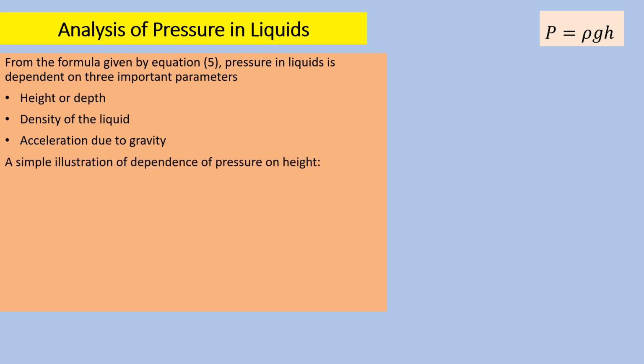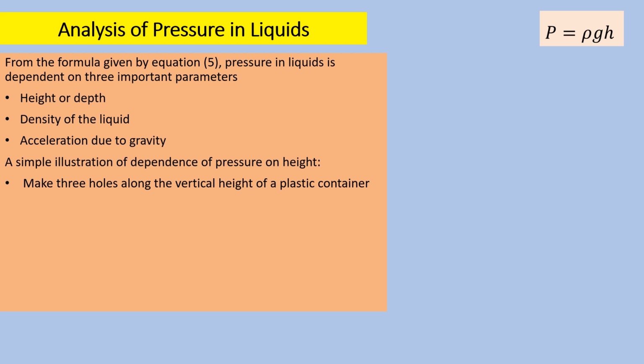So we can design a simple demonstration to illustrate how liquid pressure depends on height and also on the density. You look for a plastic container and make three holes vertically on a straight line, if possible.